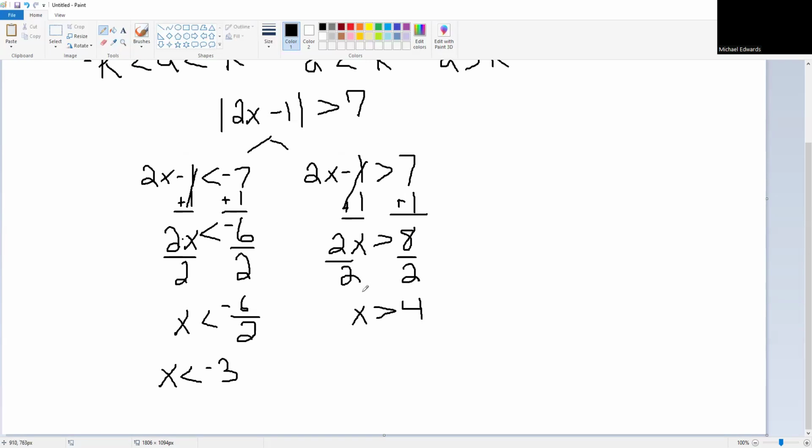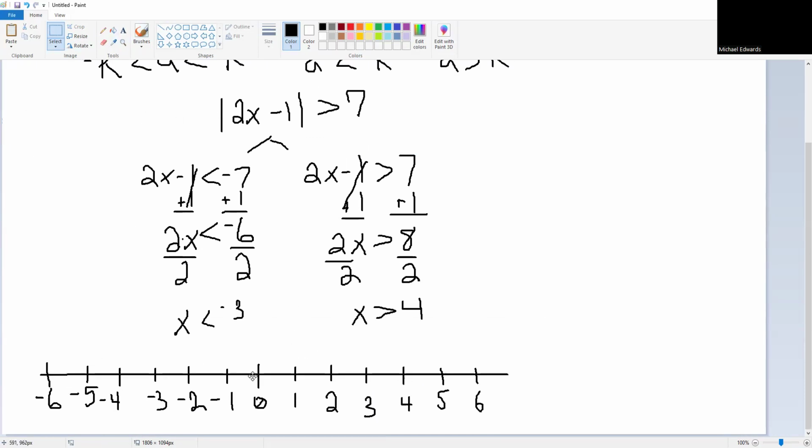Now, we need to graph this, because if we don't, then we won't know our intervals. We knew that this was a -3, so we'll do there. Now, handy dandy number graphing line, just poof out of the air. And now we need to write down our interval notation.